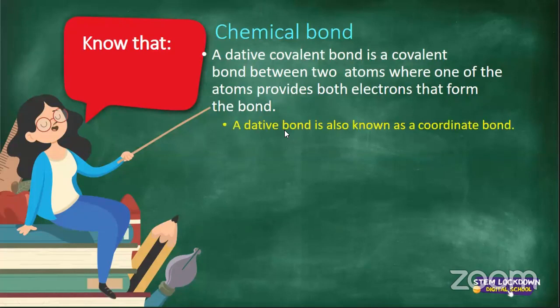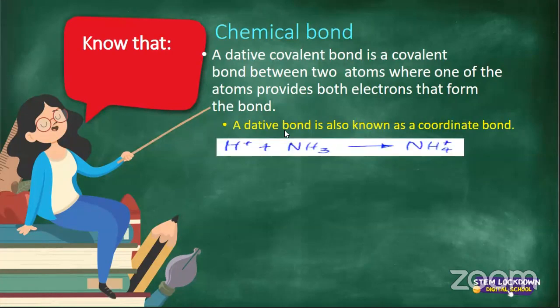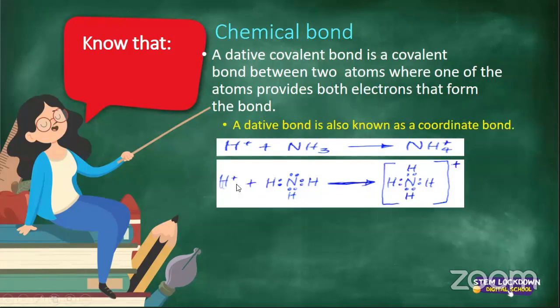A dative bond is also called a coordinate bond. Let's do the example. You'll have hydrogen combining with ammonia to form the ammonium ion. This hydrogen ion has an empty shell because it has lost its electron, so it comes and shares this lone pair of electrons to form the ammonium ion.